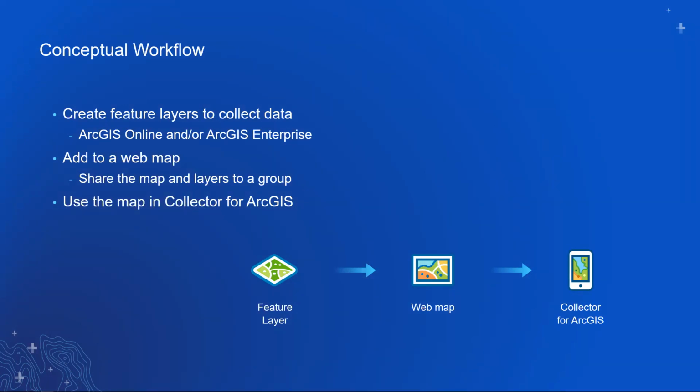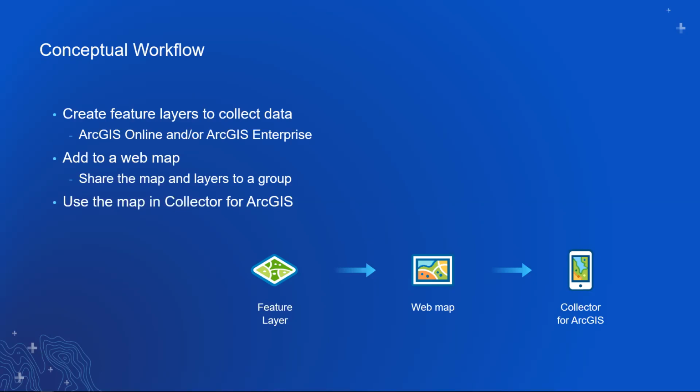You can use the template to get started, but then change the schema as you see fit for your particular organization. Once that's been done, your next step is to add that feature layer to a web map and ultimately share that web map with a group that is accessible to the person who is going to be using Collector. And then you're going to use that map in Collector for ArcGIS.